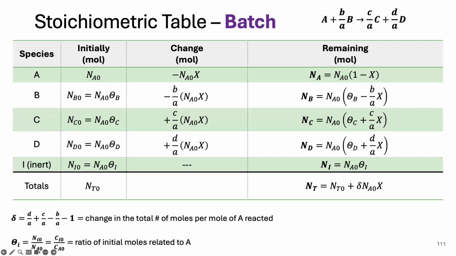So using that definition of theta, we can now also rewrite our initial mole equations for each of our species, as well as use that to determine how many moles are remaining.